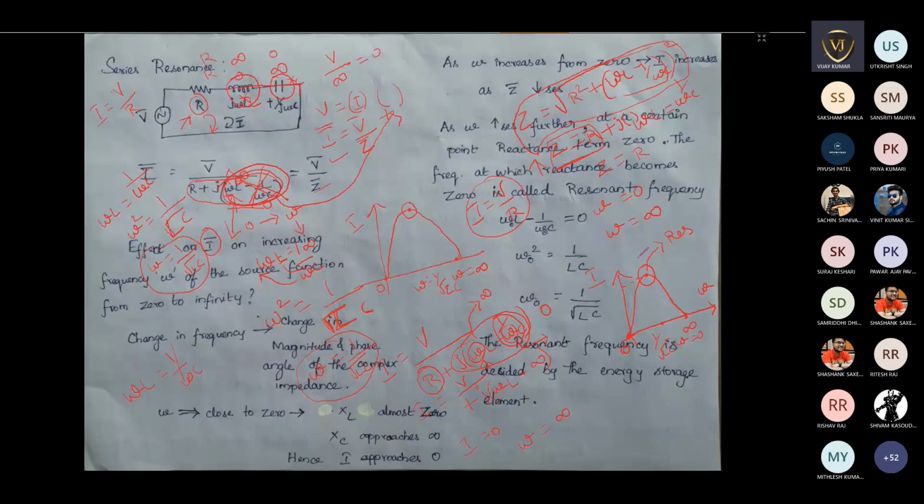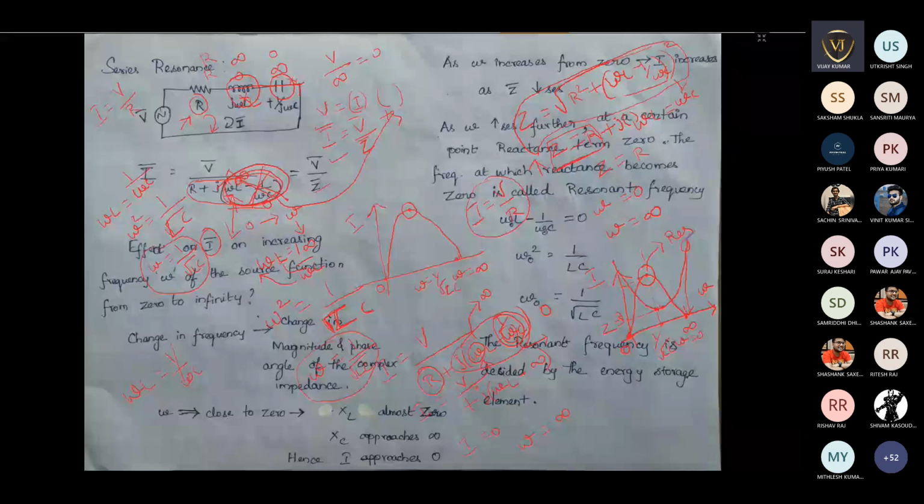Now this is for the current, and the impedance will start from infinite and move towards Z equal to R. At this Z equal to R, you are getting the maximum current.